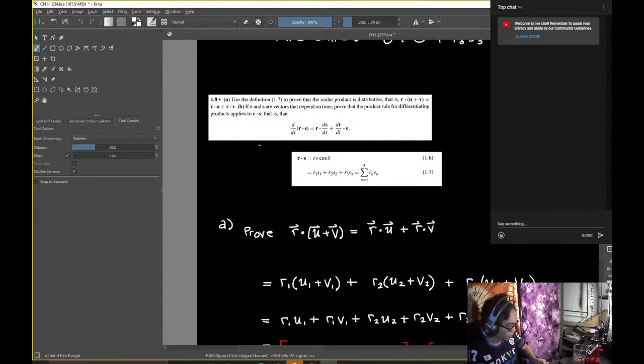You know what? Let me just try to check here first. What's going on over here? Yep, everything is all right. Nice. Okay, cool. What is it saying? If r and s are vectors that depend on time, prove that the product rule for differentiating products applies to r dot s.